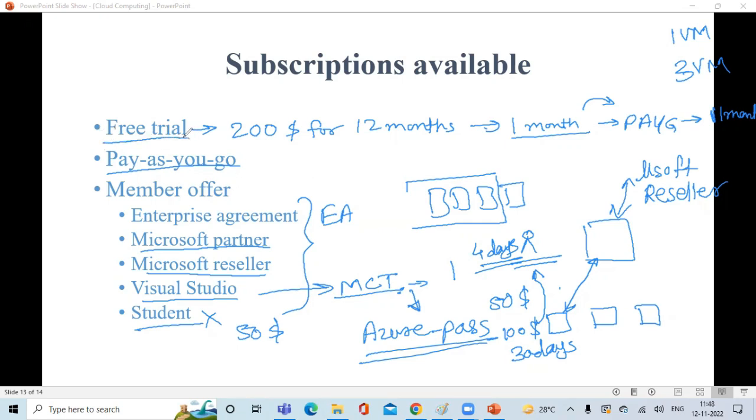If it is a free trial, yesterday I gave you some steps to go for the free trial. See, for this particular reason, because you need to upgrade yourself after 1 month to the pay-as-you-go account, that is why if you are creating the free trial account, it will ask you for the credit card details. Because after 1 month, you need to upgrade yourself, and then you need to start to pay for it.